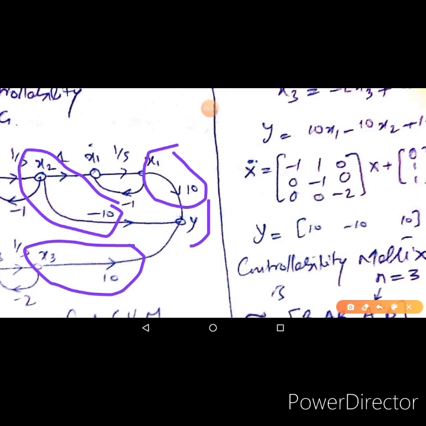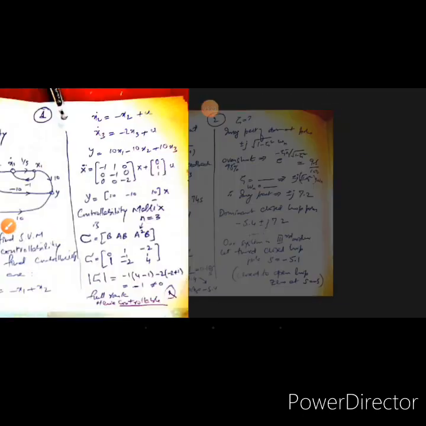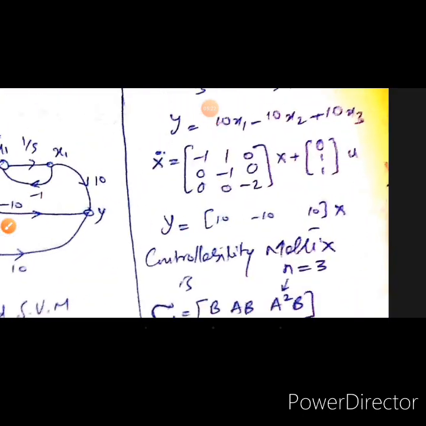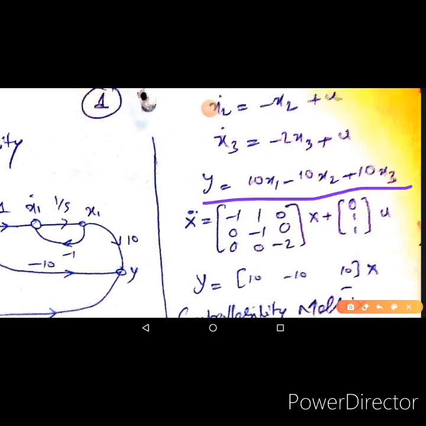So the output equation is, as you can see over here, 10x1 minus 10x2 plus 10x3. In the next step we will write them in the form of matrices. Here the state variable x is a column vector with x1 in the first row, x2 in the second row, and x3 in the third row.